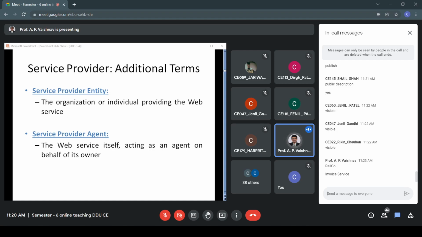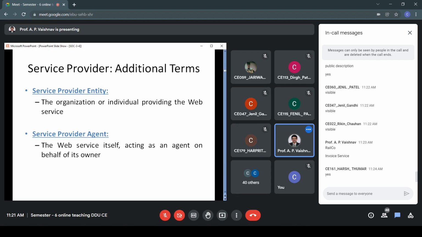So the actual web service that you are exposing is known as agent, and the company which is hosting or providing that is known as provider entity. Are you clear with this slide? Yes. So service itself is known as provider agent, and the company which is hosting or providing that is known as entity. Clear with these two more technical terms? Yes? Okay, okay. Now, one more question coming up.